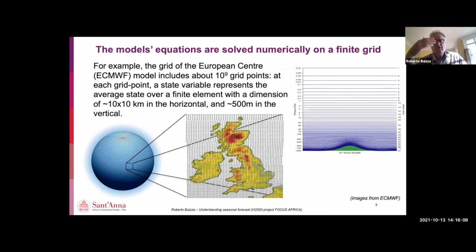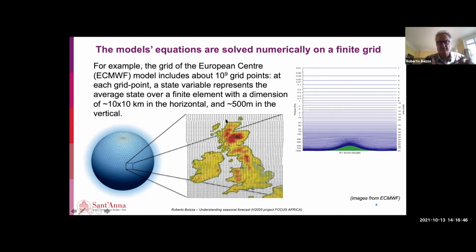We write very detailed models and we solve them on a computer. The computer sees the atmosphere, the globe, as a mesh, as a grid with 1 point every 10 kilometers in the European Center models, 20, 30 kilometers in other models. There is a set of layers in the vertical. So what the model tries to do is simulate the weather at each of these points.